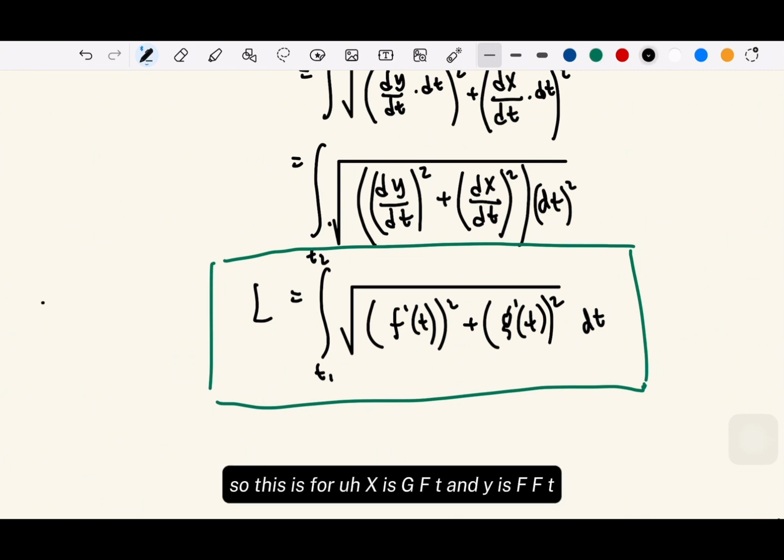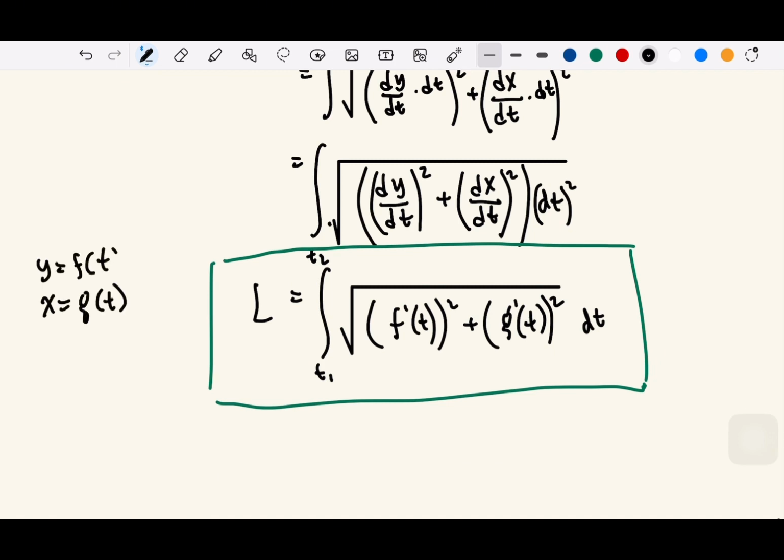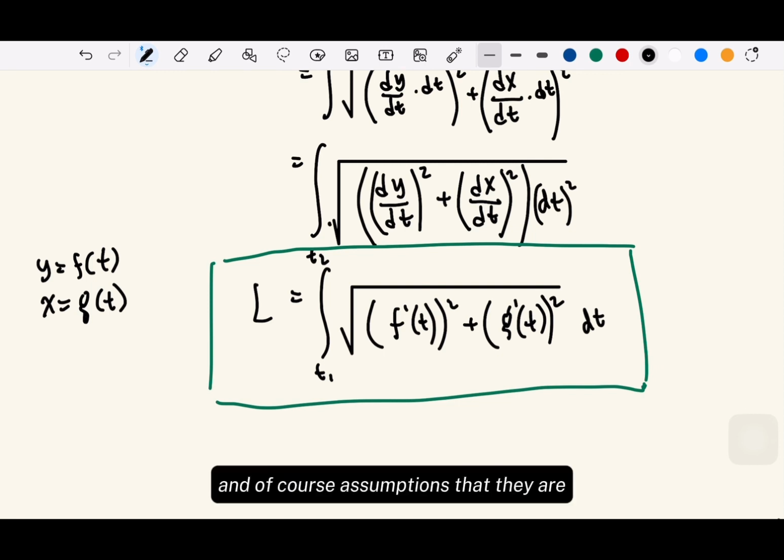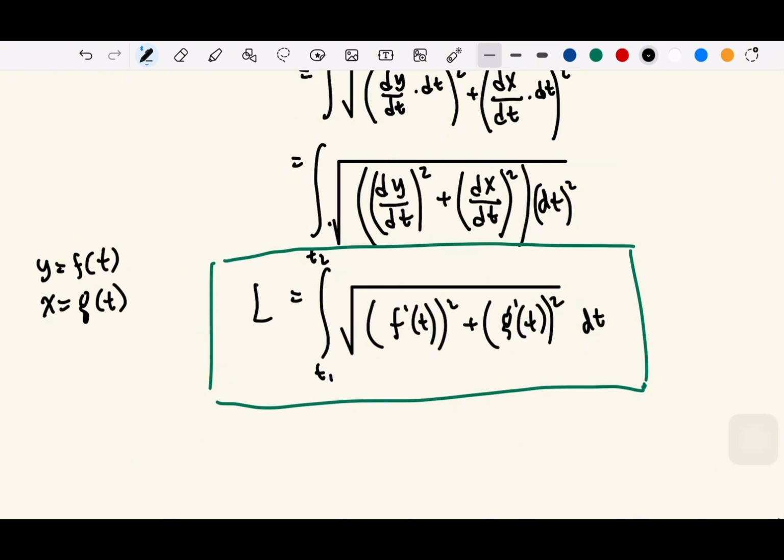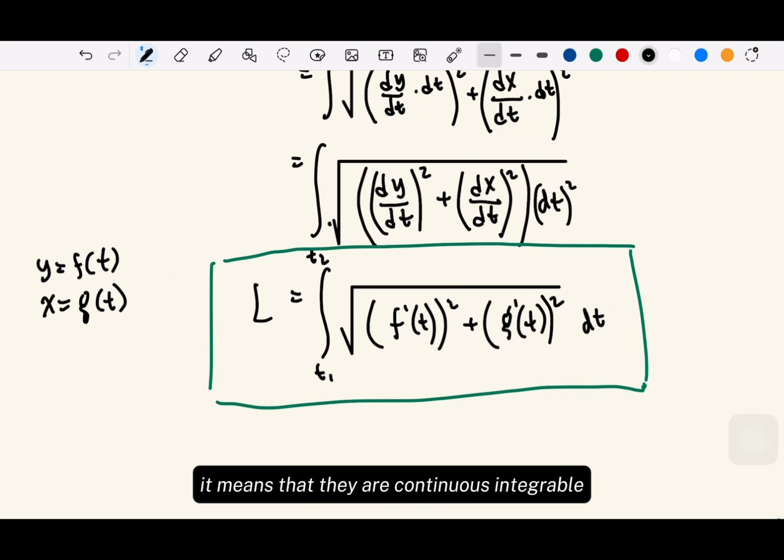So this is for x is g of t and y is f of t. And of course, assuming that they can be computed. Okay, they can be calculated. It means that they are continuous, integrable. Okay.